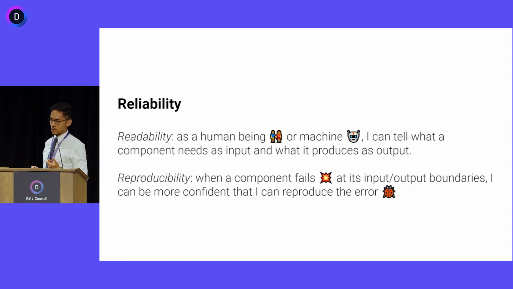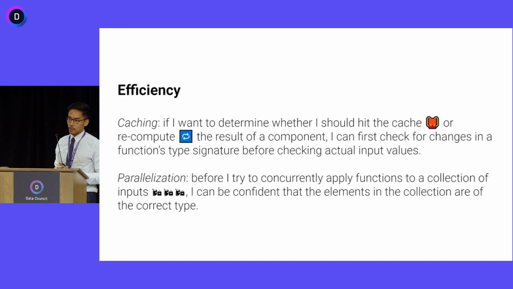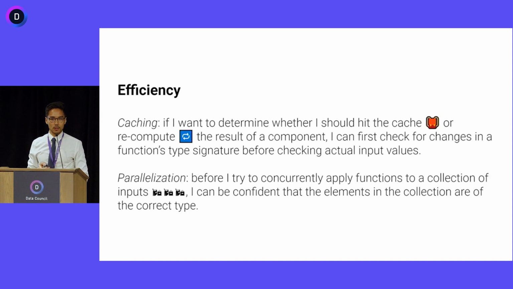I also want it to be reproducible. So if an error occurs at the interface boundaries of my different components, I want to be able to reproduce it. And I want the guarantee that if the error occurs, I can rerun it and then debug it locally. There are also some nice efficiency gains that you can get in combination with other features like caching.